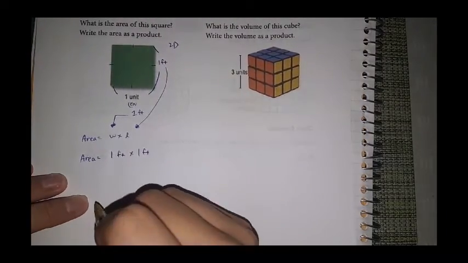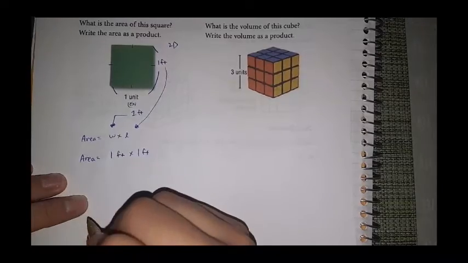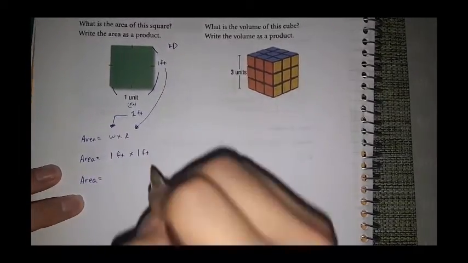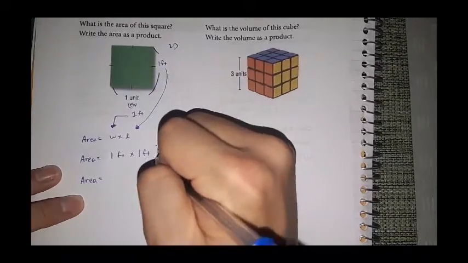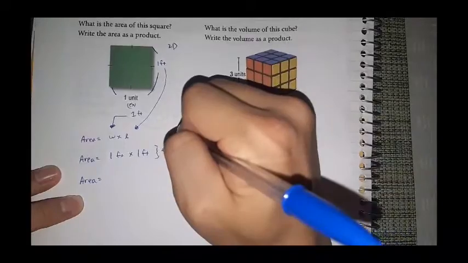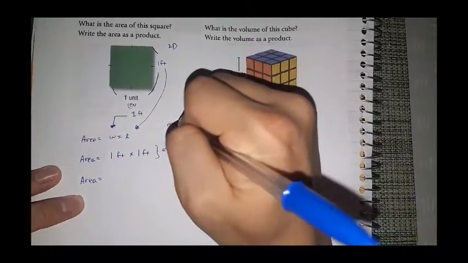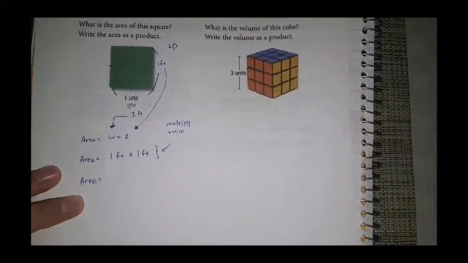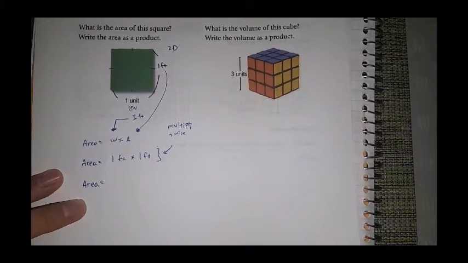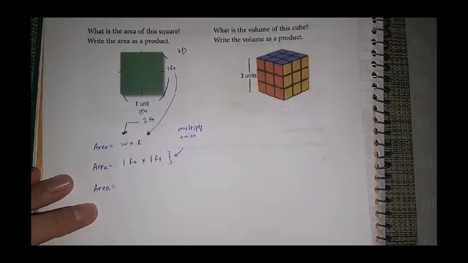Instead of showing this 1 foot and 1 foot, what mathematicians decided to do is basically put an exponent. If you notice from this second step, you multiply twice in this situation. Mathematicians and scientists too decided on one notation and said, you know what?